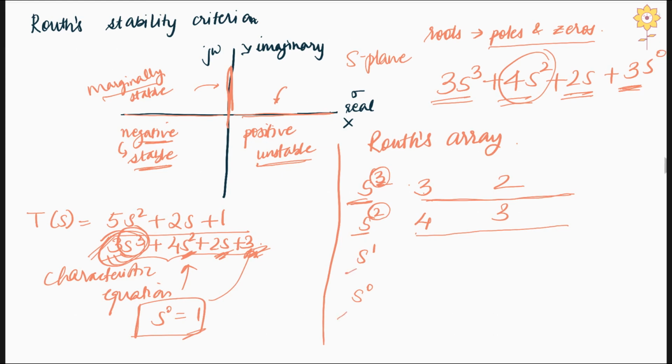So, to do that, how are we going to do it? We basically have to cross multiply a few numbers. How do we do it? We will have to look at the preceding row. What does preceding mean? Just above what we are looking for. So, we are looking for s raised to 1, right. So, we will have to look just above, the preceding rows.